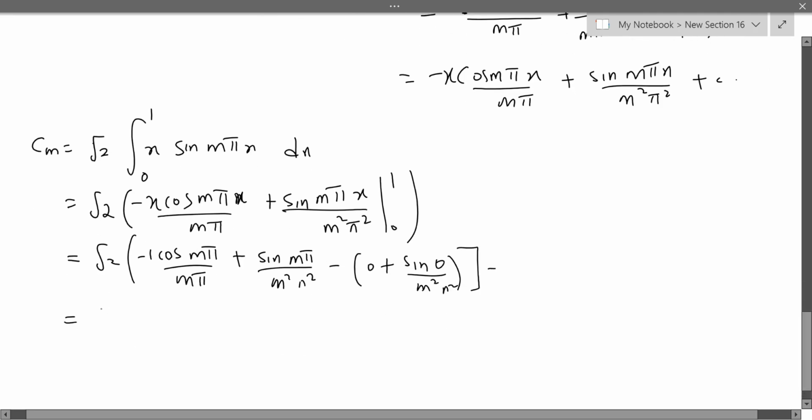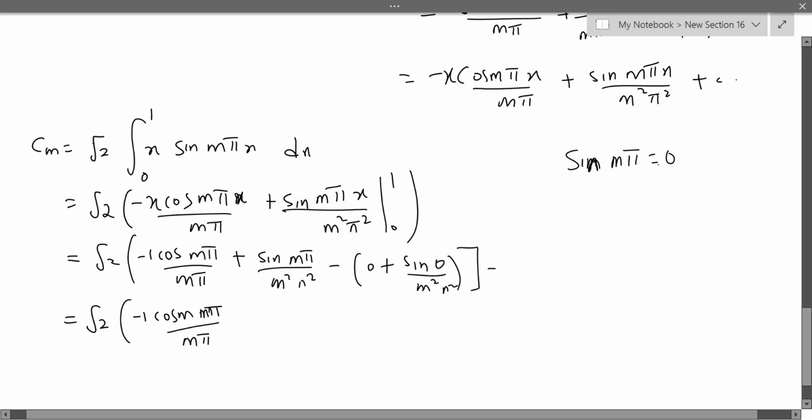So from here we get root 2 times minus 1 cos n pi over n pi, then sine of n pi is equal to 0.